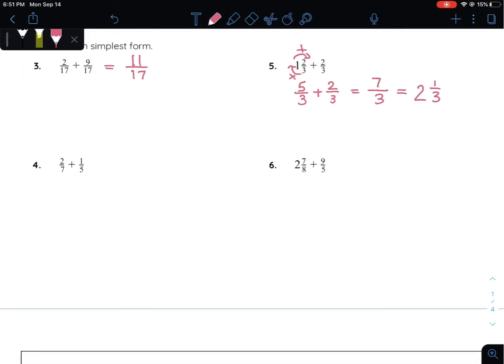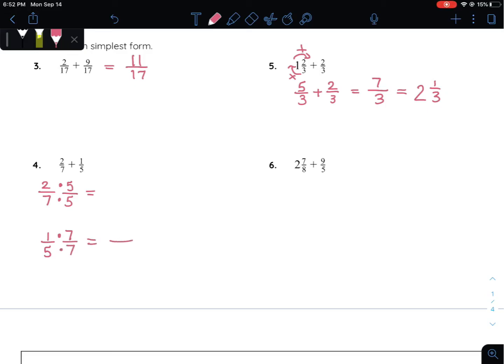Okay? 2 sevenths and 1/5. Sevenths and fifths are not the same things, but we could make them into the same things, and then we'd be able to add them. So we can do 2 sevenths and 1/5. I'm just going to multiply this first one by 5/5. Remember, that's equal to 1. And I'm going to multiply the second fraction by 7/7.